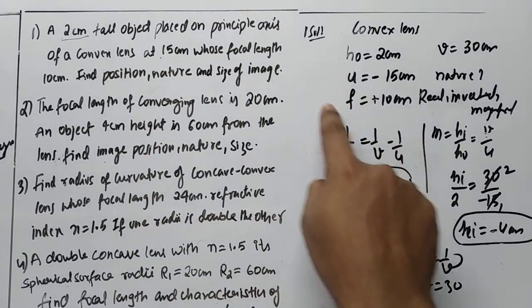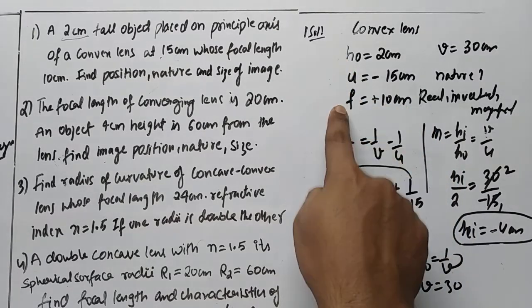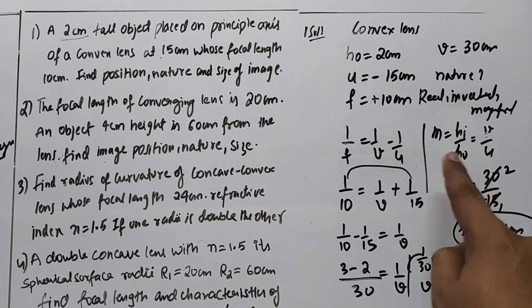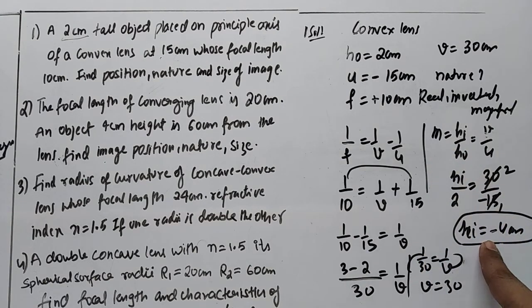I have written whatever is given. We substituted the u and f values in the lens formula and got the v value. Then we used the magnification formula, with which we can find the height of the image. We got the height of the image as negative, minus. So minus indicates it is a real and inverted image. This is 2 centimeter, this is 4, so we can write that this is a magnified image.